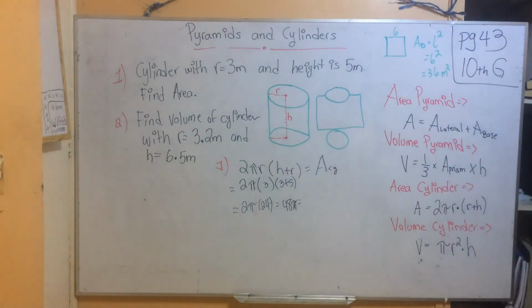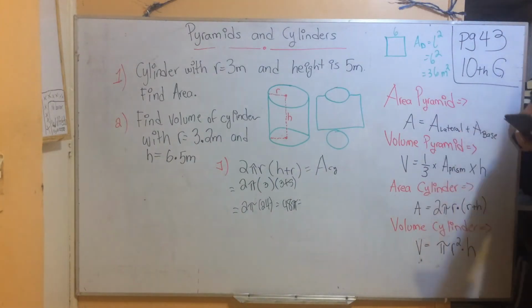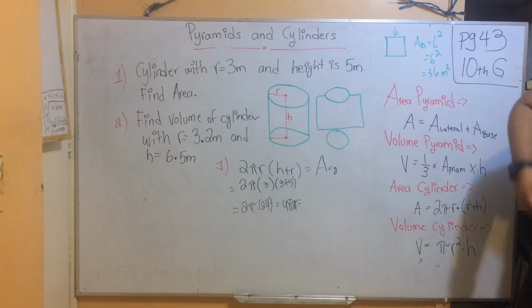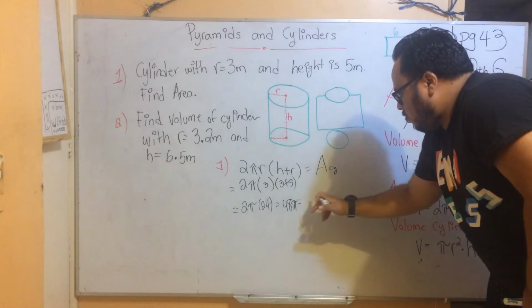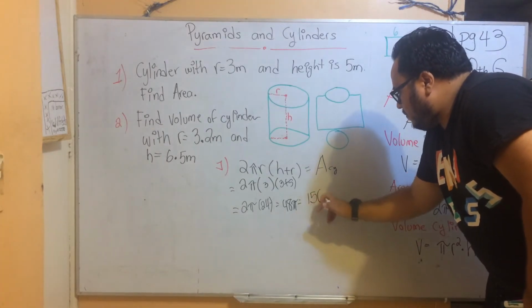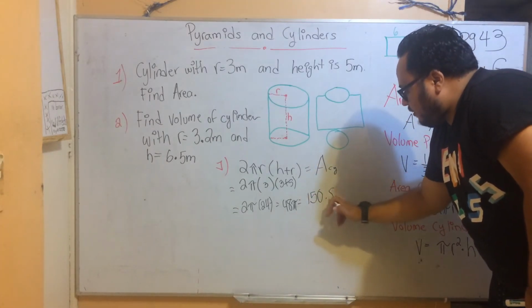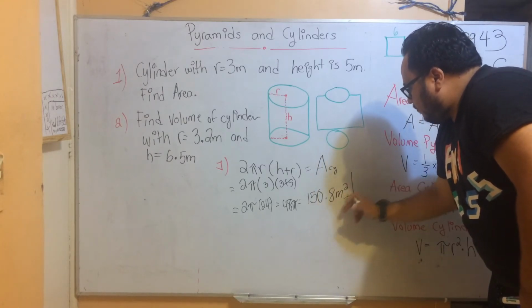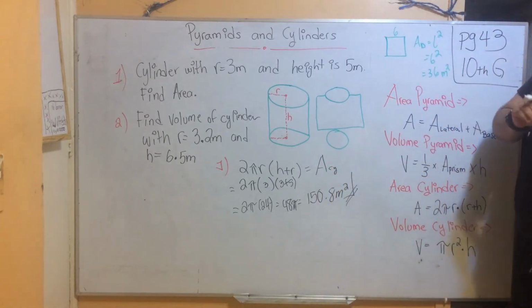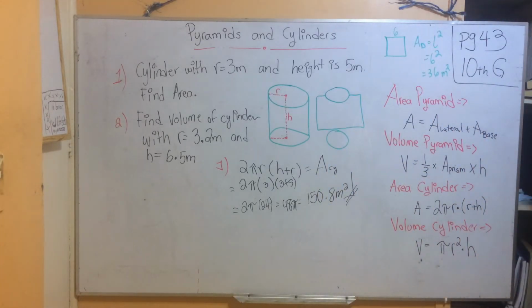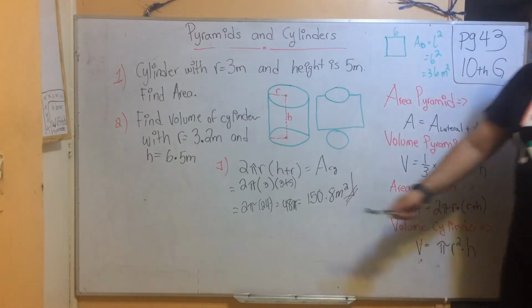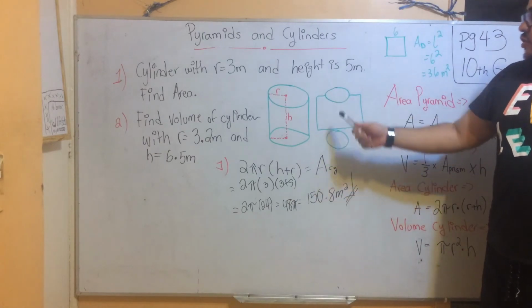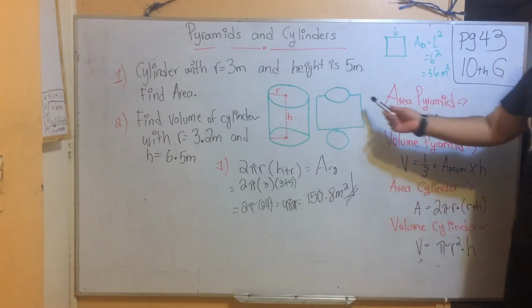And if we bring our calculator, 48 times pi is equal to 150.79, which is meters squared. And that is the area of this cylinder, because we have twice the area of the circles plus the normal area of this rectangular figure.